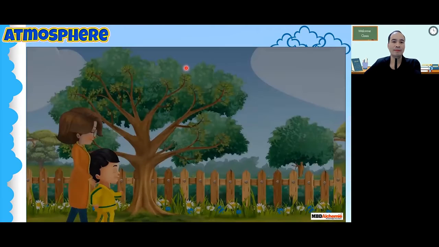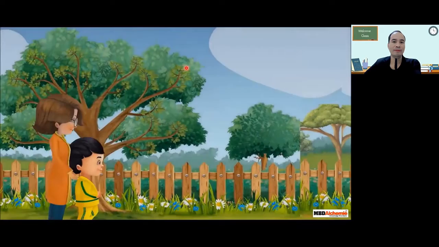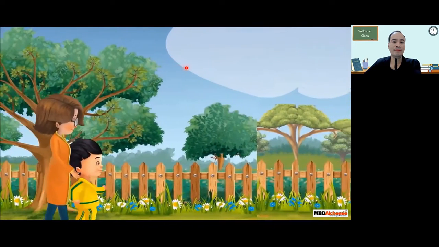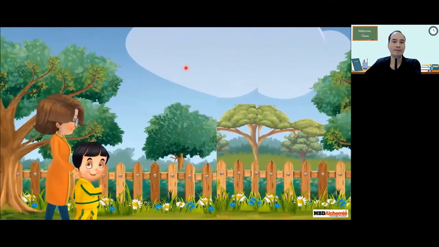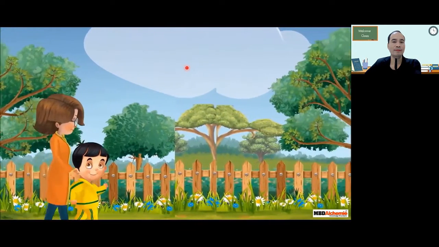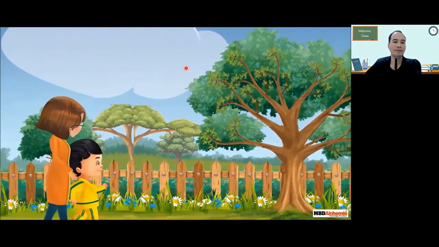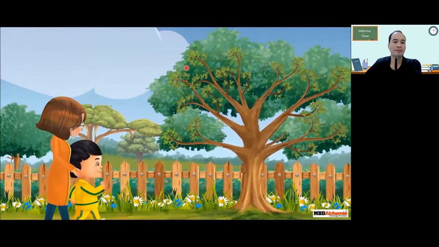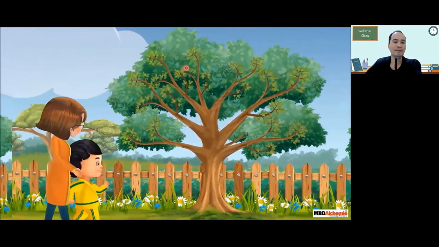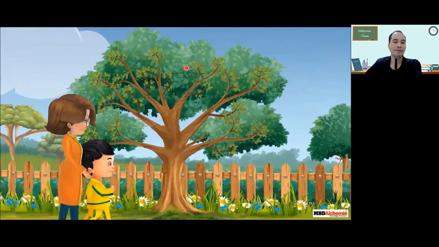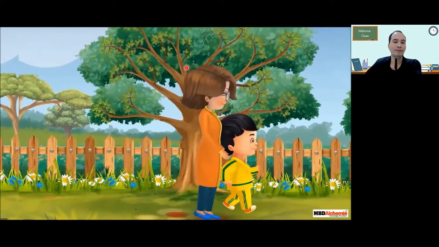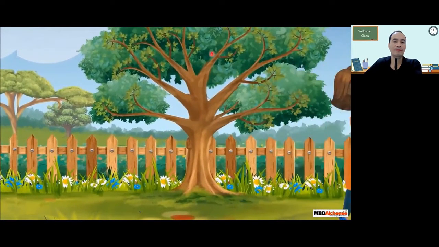Sid is walking in a garden with his mother. Mama, I always enjoy being in a garden. I feel so refreshed here. Yes, son, even I feel the same. The air in the garden is really refreshing. Sid's mother is absolutely right. Wherever there are trees, the surrounding air is quite clean and fresh.